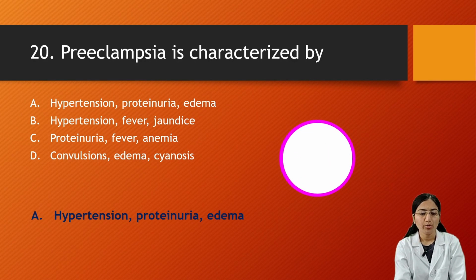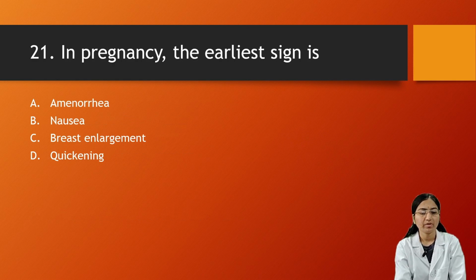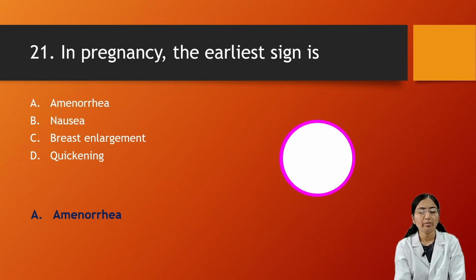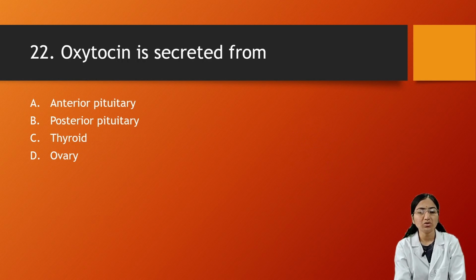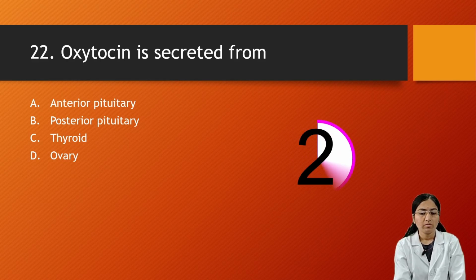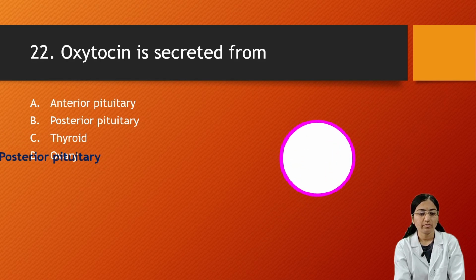Hypertension, proteinuria and edema. In pregnancy, the earliest sign is? Amenorrhea. Oxytocin is secreted from? Right option is B, that is posterior pituitary.